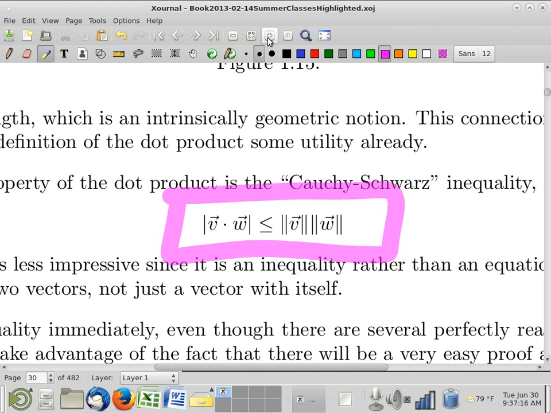Any two vectors, you dot product any two vectors, you think also about the magnitudes of those two vectors, and there's a pretty significant little relationship here between that dot product and those magnitudes, in that not only is the dot product less than this product, but the absolute value of the dot product is less than that product of magnitudes.